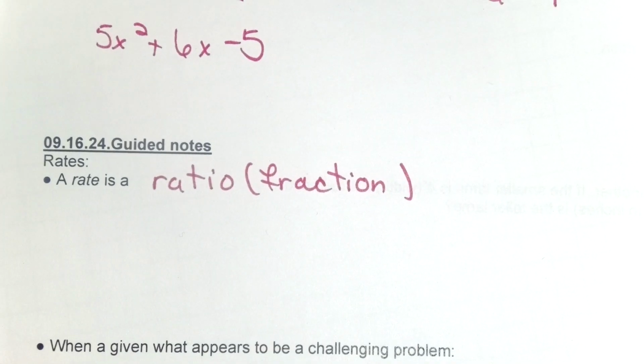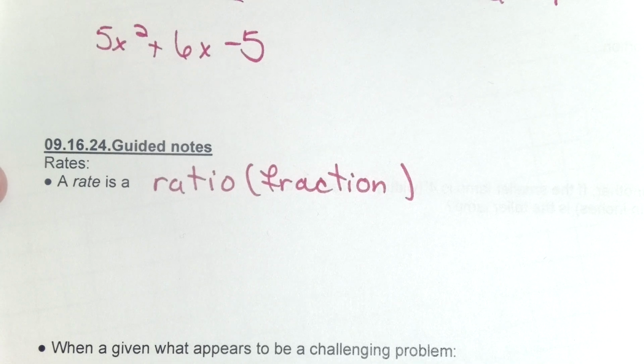Ratio is basically a fraction. That's all it is. Rate, ratio, and proportions are fractions. They're a fancy word for fractions. That's it. So when you see something that says the rate on the ACT, you should automatically think of fractions.